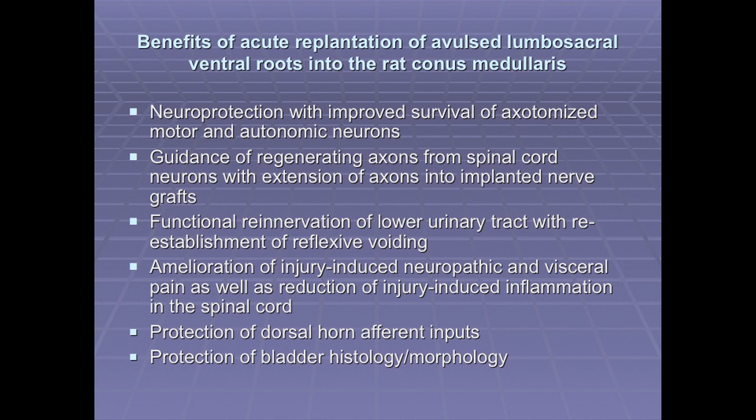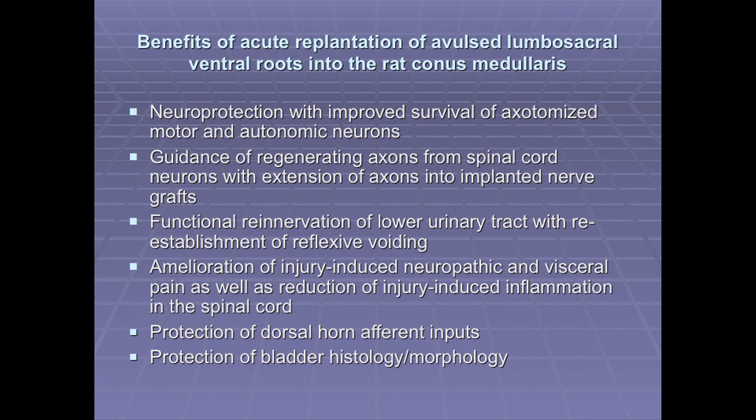We also have shown that the end organ is better protected, and that we can also modulate and restore many aspects of spinal cord circuitry, at least at the nerve transmitter level. So these are all bits and pieces that are positive effects of a surgical replantation after an acute injury.